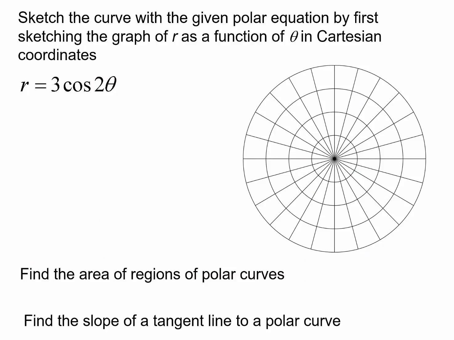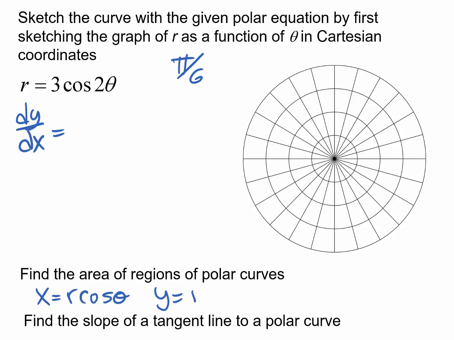Okay, so we're looking to find it at pi over 6. The way we find a tangent is we need dy dx. If you remember in polar curves, x is r cosine theta and y is r sine theta.